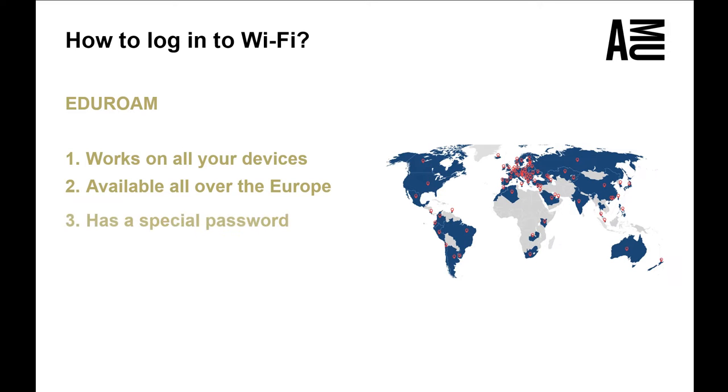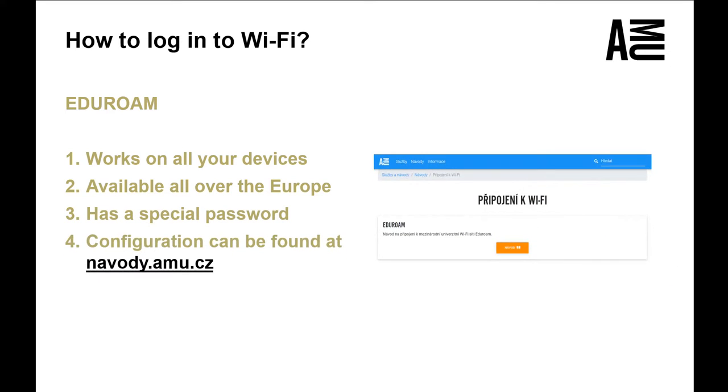But because it is so special, it has a special password and a special procedure to install it. The procedure is you have to download a user profile, install it on your device, and then use the credentials you have on paper to log into that Wi-Fi network. So you can find specific instructions on how to log in at navodai.amu.cz.